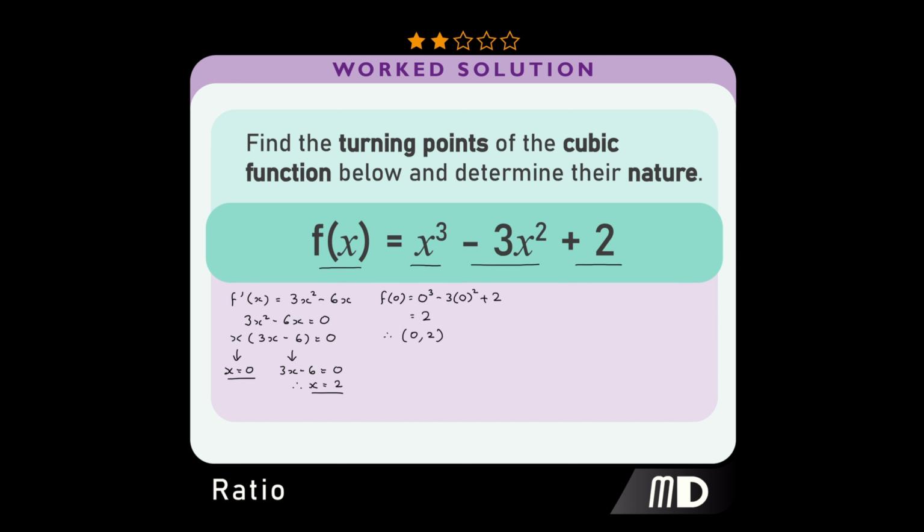F of 2 is equal to 2 cubed minus 3 multiplied by 2 squared plus 2, which is equal to 8 minus 12 plus 2, which is equal to minus 2. So 2, minus 2 is the coordinate pair of the second turning point.